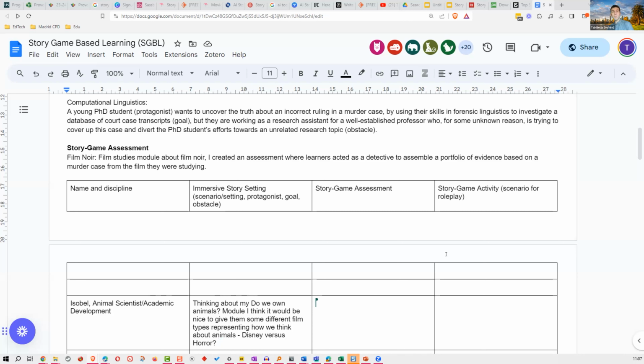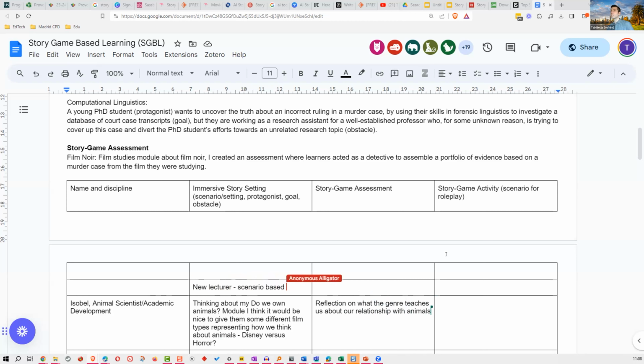Well, maybe I get them to design a pop-up teaching flash mob, a resistance activity. So they have to come up with some kind of active learning activity, and say how they would embed that and how they would get people to notice it in order to get the message across about how important higher education teaching is.